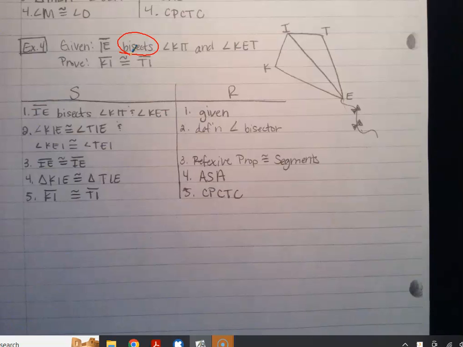You got a glossary or the back of your book you can use? It shouldn't be hard to explain bisect. I'll tell you, it says see segment bisector or angle bisector. Which one is this? Is it a segment bisector? An angle bisector. So what's an angle bisector?